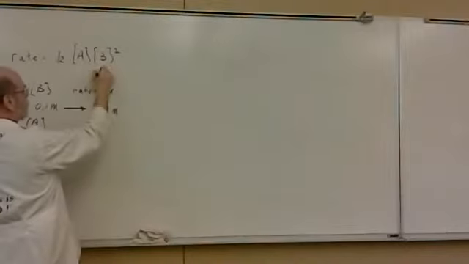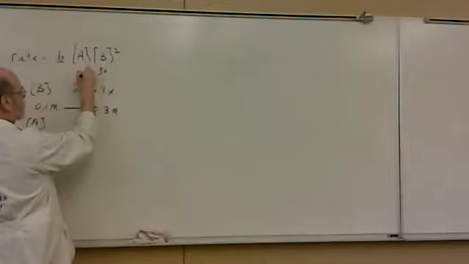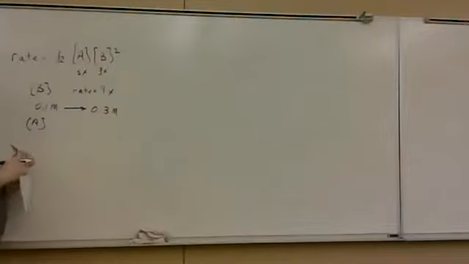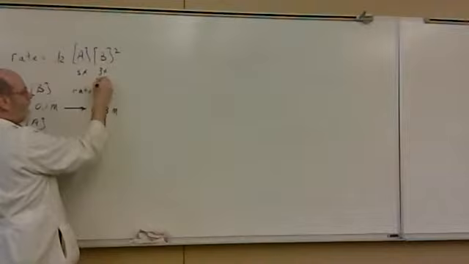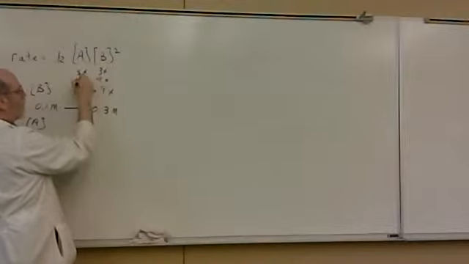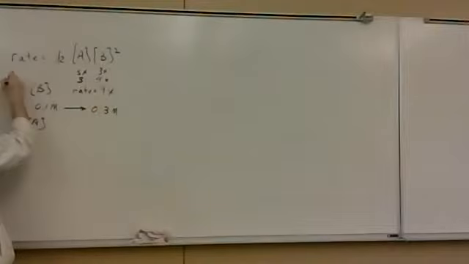This one's going to increase 3 times, and this one's going to increase 3 times. So this one would go 9 times, this one would go 3 times, so 3 times 9 is 27. So if we let both of them go up that much, the combined effect would be a 27 times increase in the reaction rate.